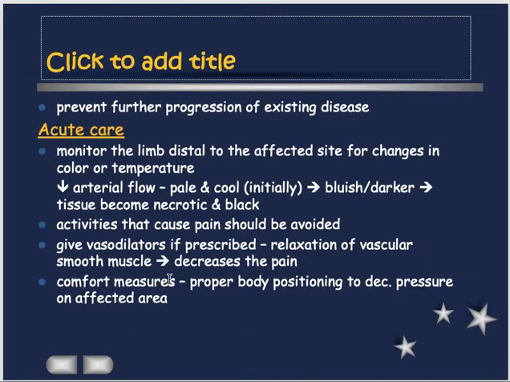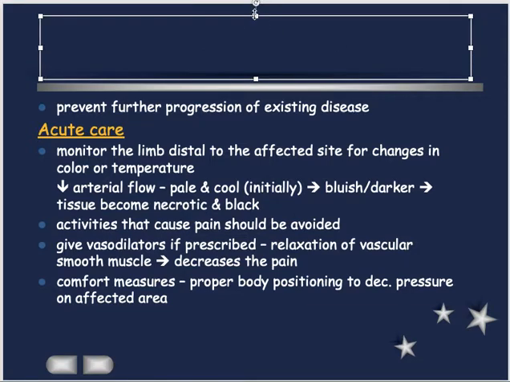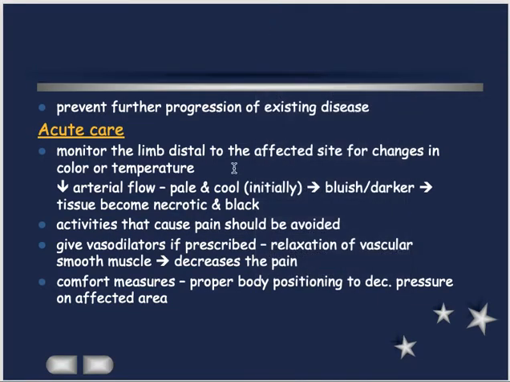Now, this is the acute care we have to do: monitor the limb distal to the affected area for changes in color and temperature and decreased arterial flow. It is pale and cool initially, then bluish or darker, and the tissue becomes necrotic and black, depending on the condition.